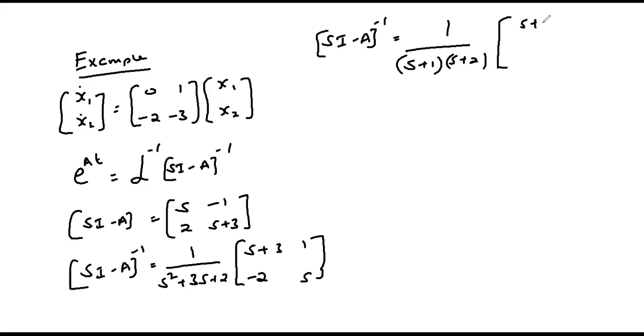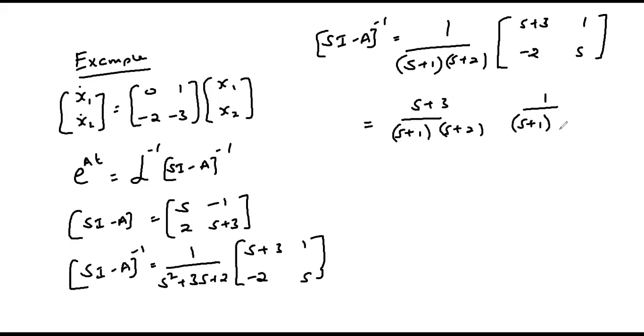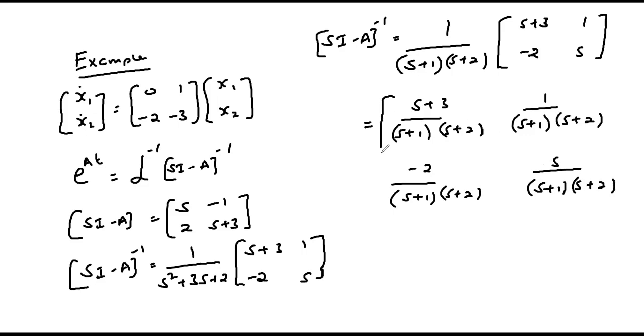This gives the matrix: (s plus 3) over (s plus 1)(s plus 2), 1 over (s plus 1)(s plus 2), negative 2 over (s plus 1)(s plus 2), and s over (s plus 1)(s plus 2). This is our (sI minus A) inverse.